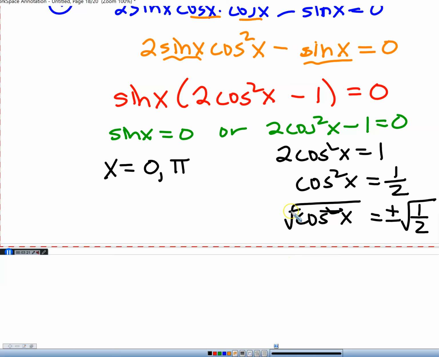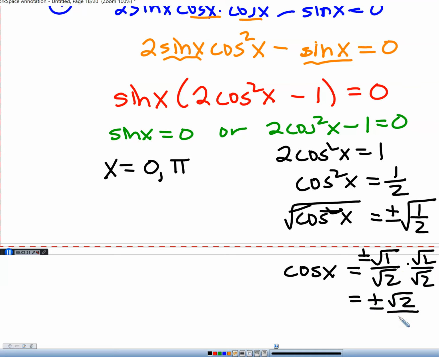And this becomes cosine x equals the positive and negative square root of 1 over square root of 2. Square root of 1 is 1, and rationalizing that gives me positive and negative root 2 over 2.